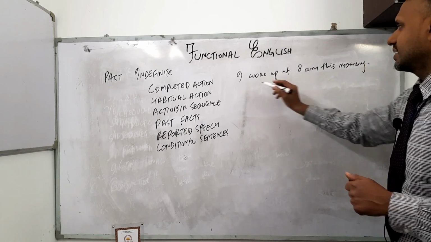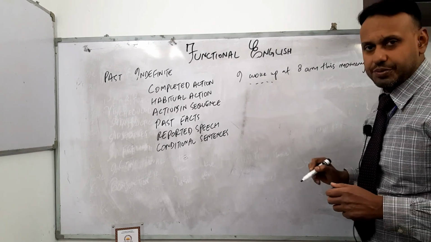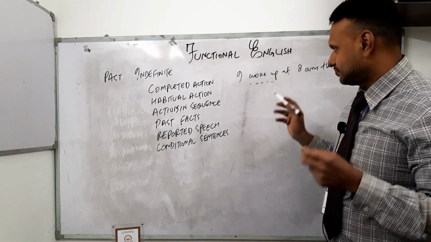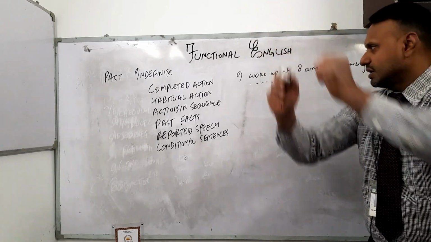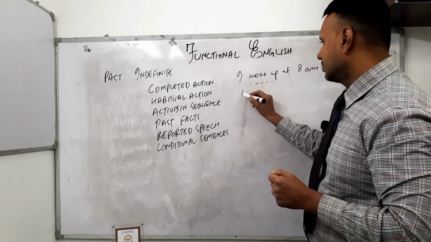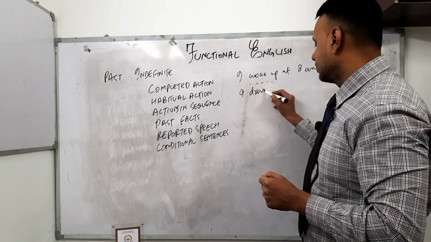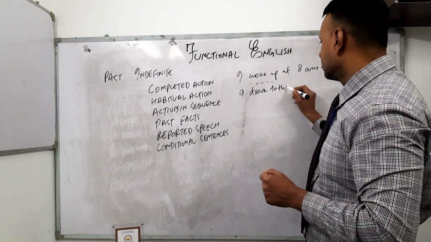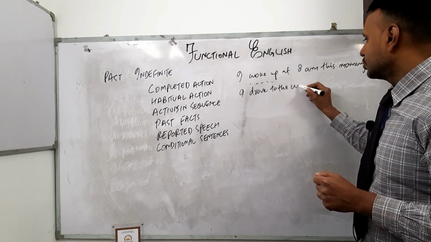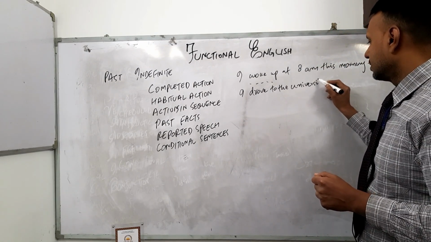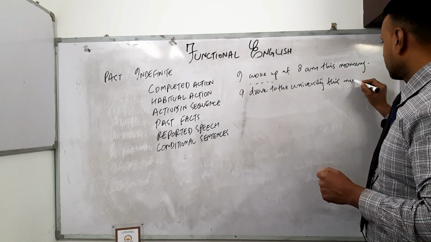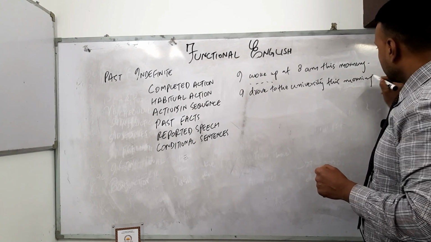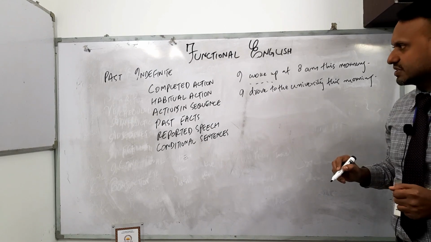So you see, woke up is a second form of verb, and that is showing you the action that was completed in the past. Apart from that, I drove to the university this morning.